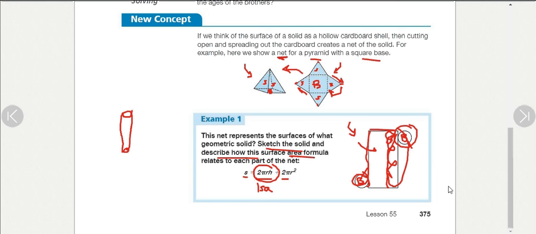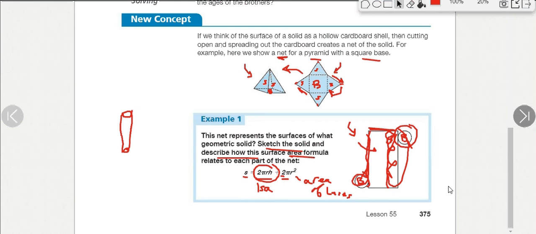Or you can think of it the other way around, maybe this is the height and this is what's getting wrapped around. But either way, that's the LSA. This is the areas of the bases, which you need 2 of course. And that's kind of how I make sense out of this.